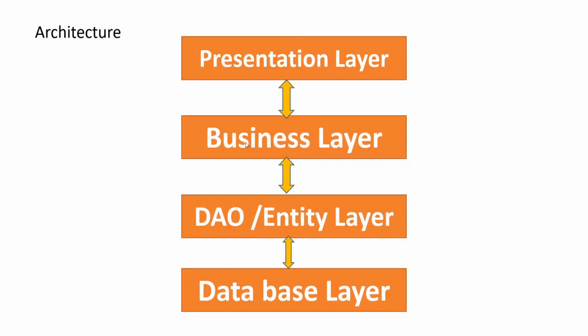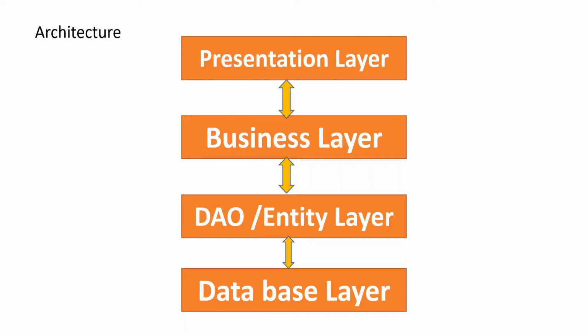The next is the business layer. The business layer receives the input request from the presentation layer, and it handles the business logic. We will be writing Java classes and some interfaces to implement the business logic.